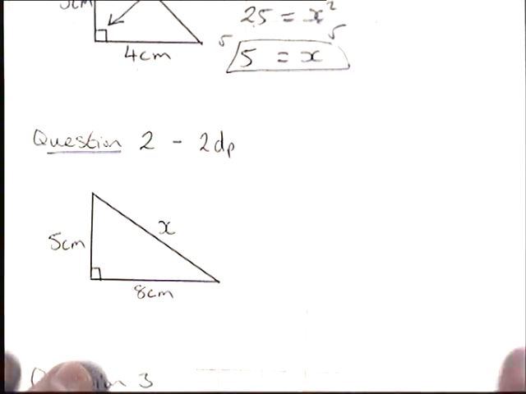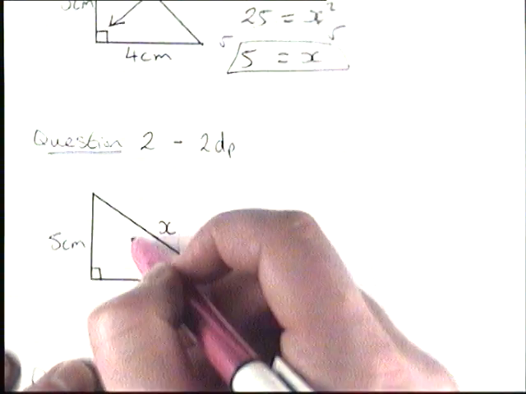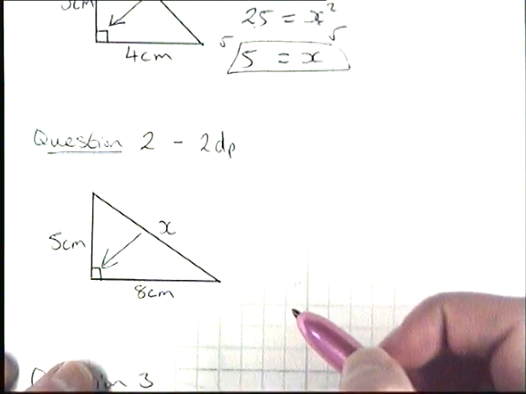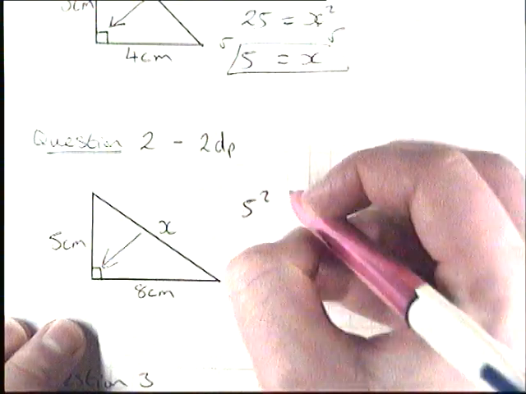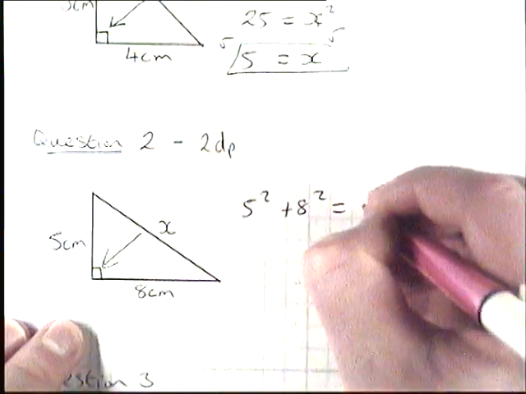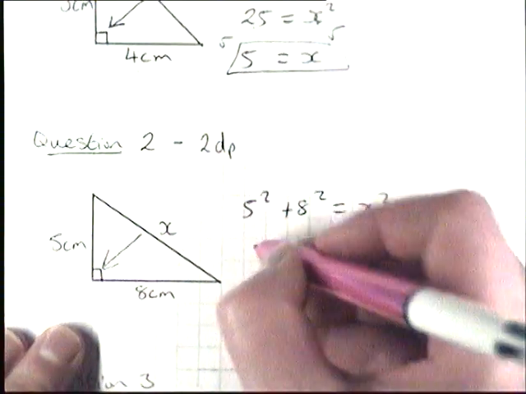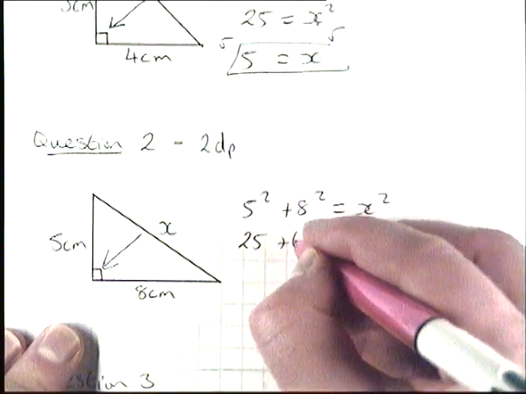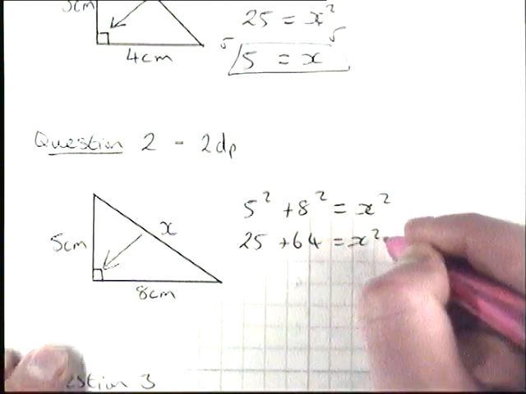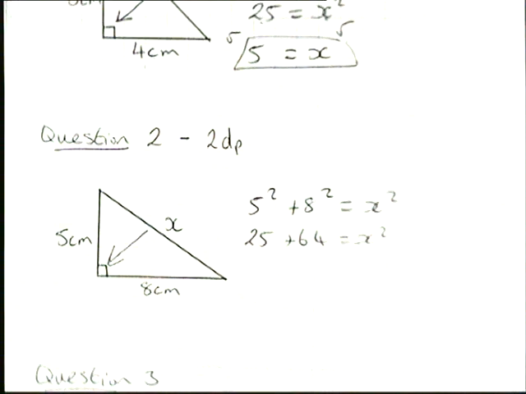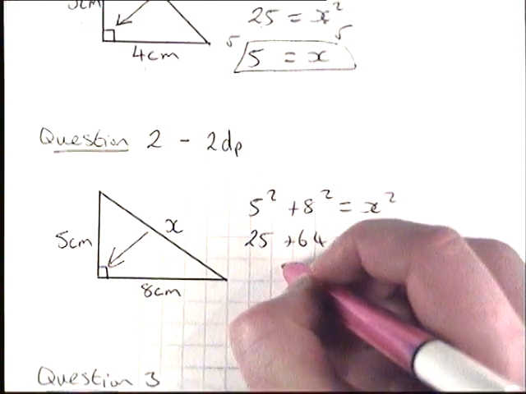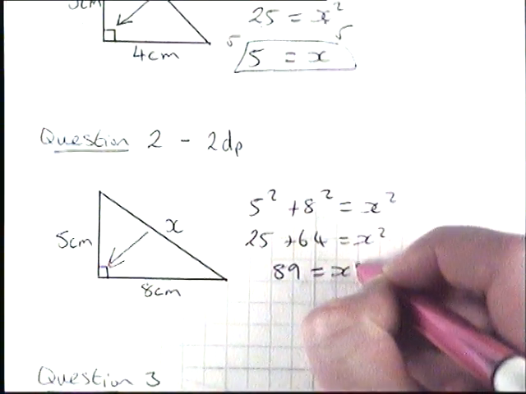Question 2, same again, we're looking for the longest side. We know it's the longest side because it's opposite the right angle. So we can say 5 squared plus 8 squared equals x squared. So 25 plus 64 equals x squared, which leaves us with 89 equals x squared.